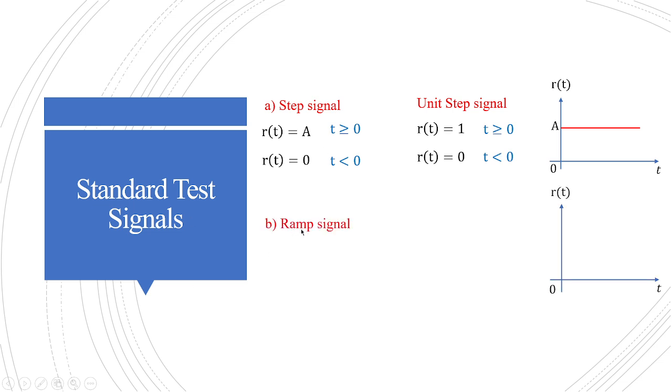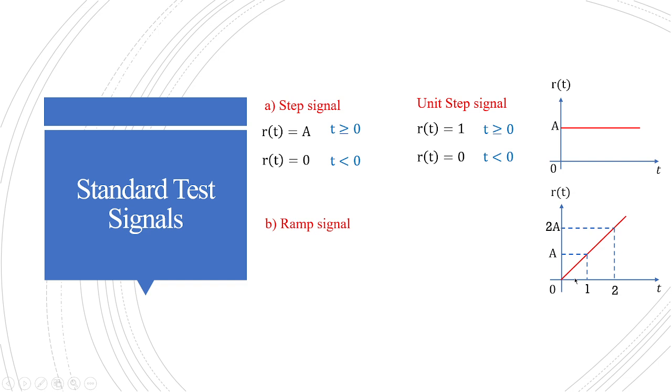When you take a ramp signal and plot it, you are going to see that the ramp signal resembles the equation of a straight line passing through the origin, where R of t is equal to y, and t is replaced by x, and the slope is given by this line which is passing through the origin.